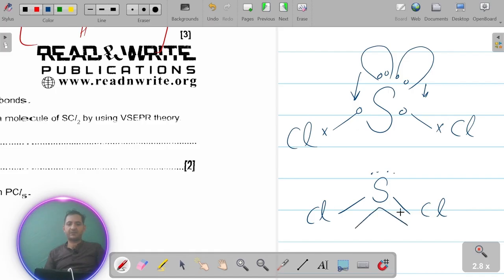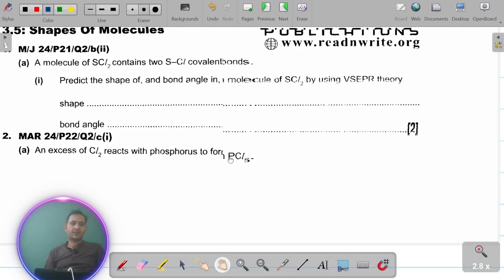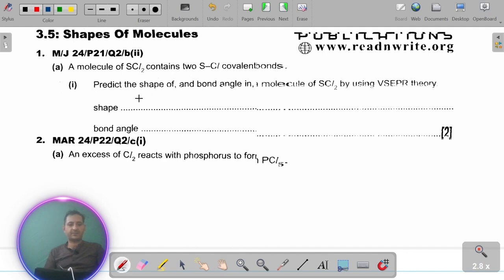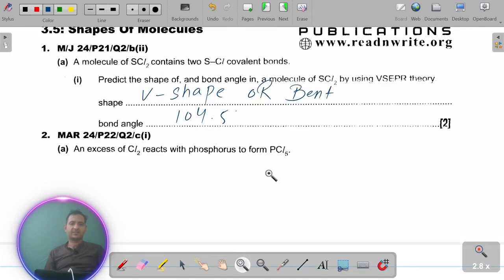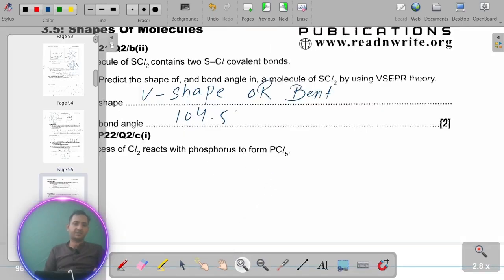It is a V shape, or we can say bent, and the bond angle is 104.5 degrees. Excess Cl2 reacts with phosphorus to give PCl5. So, next page.